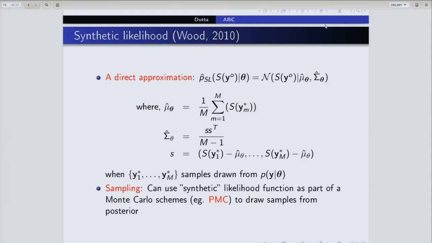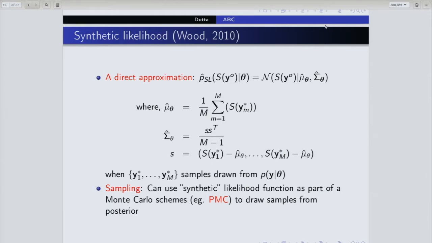And you can always compute the mean of that and then the variance-covariance matrix. That gives you a multivariate Gaussian distribution. What they do there is approximate the distribution of the summary statistics using that multivariate Gaussian distribution.